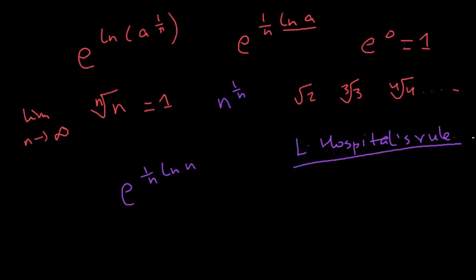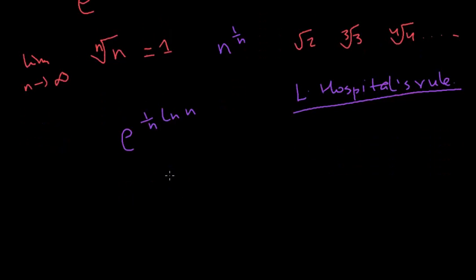If you haven't seen this rule, then I will ask you to take this for granted. If you have seen this, then you can use L'Hospital's rule to prove that this limit tends to 1. Just take the derivative of numerator and denominator and you will find out. So this tends to 0, this thing here, by using this rule.